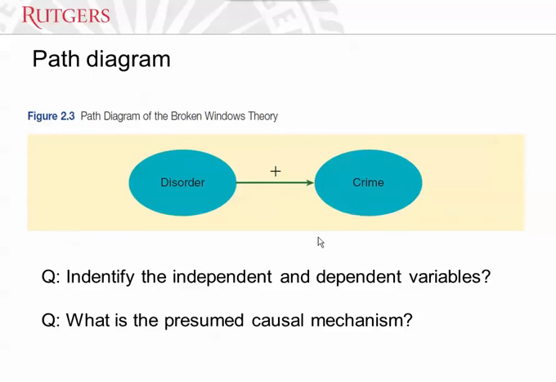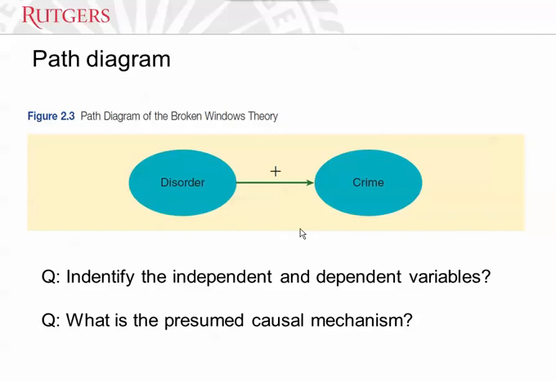So if disorder is the cause and crime is the effect, then disorder is the independent variable and crime is the dependent variable. And another key question is what is the presumed causal mechanism? That's an important part of a theory, the causal mechanism. I just mentioned it. Disorder, small acts of disorder, vandalism, graffiti, littering, public drinking, those sorts of activities signal that the neighborhood's not being watched, that people are not reporting things or monitoring the streets, and larger crimes are then more possible.